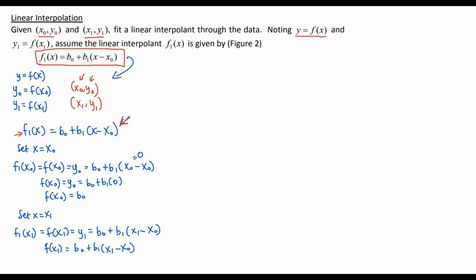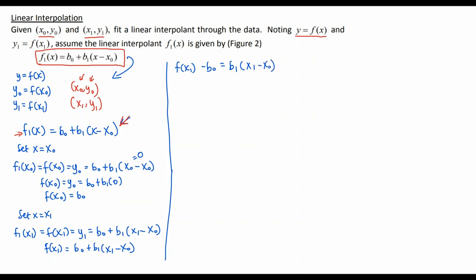Okay, so at this point what you do is that you are going to make b1 the subject. So let's look at that. I'll take b naught to the left hand side. So you're going to have f of x1 minus b naught equal to b1 multiplying x1 minus x naught.